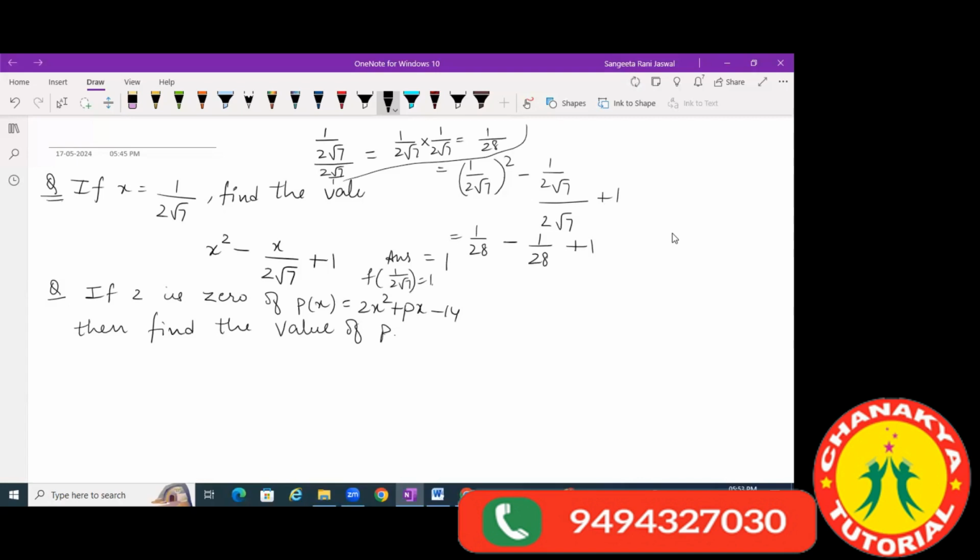Now in this case, what is the value of p? If 2 is a zero of this polynomial equation, then find the value of p. It is already given that 2 is a zero of this polynomial.